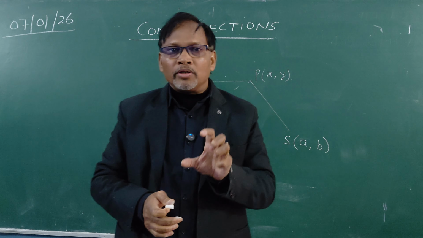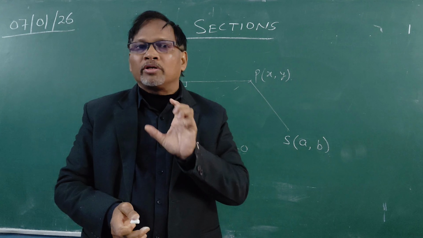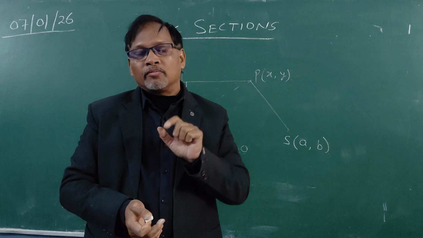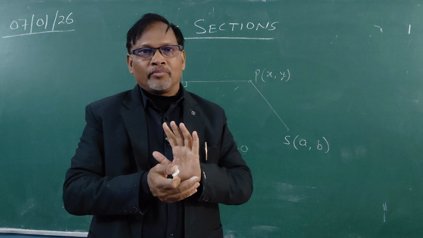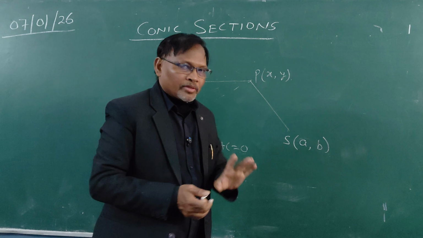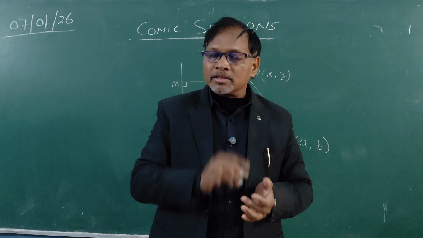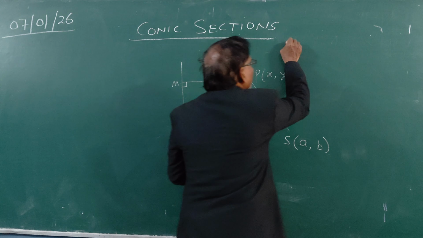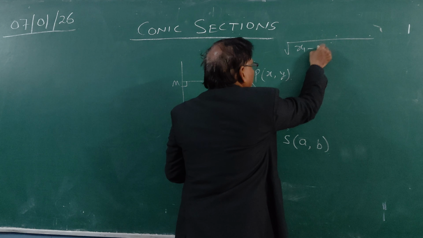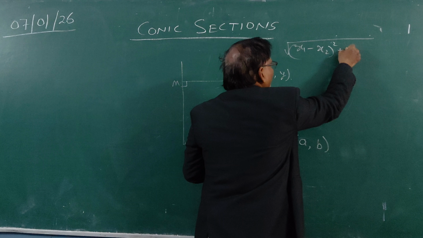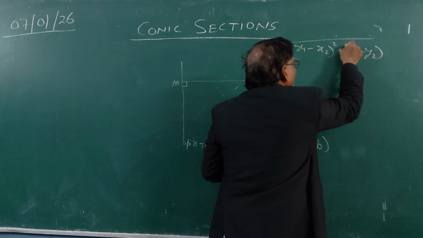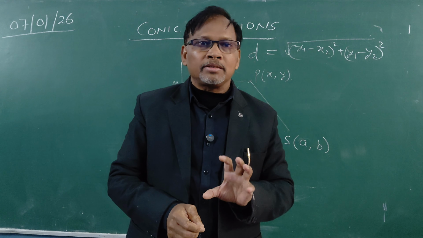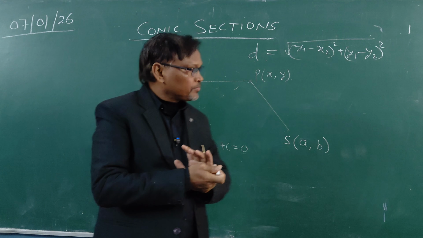Therefore, you have to use only the perpendicular distance, also known as the shortest distance from a point to the line. Point to point has only one formula, the distance formula which you read in class 9: square root of (x1 minus x2) whole square plus (y1 minus y2) whole square. This is the formula for finding the distance between two points.